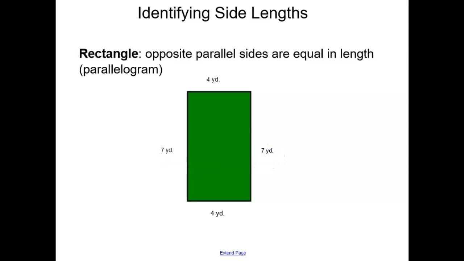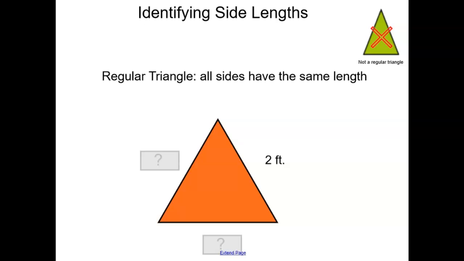Let's look at another type of polygon. Let's look at this regular triangle. And I want to remind you, regular polygons have all sides with the exact same length. So I notice right away that this regular polygon, which is a triangle, has only one side length available to us.